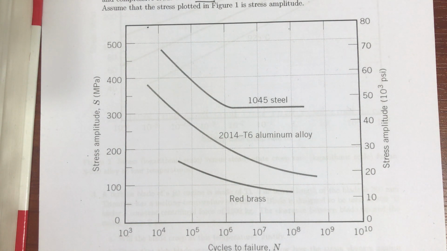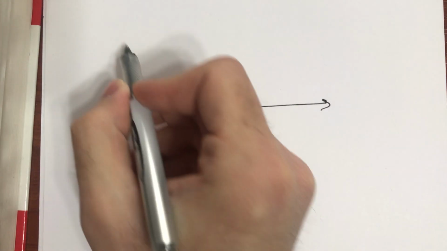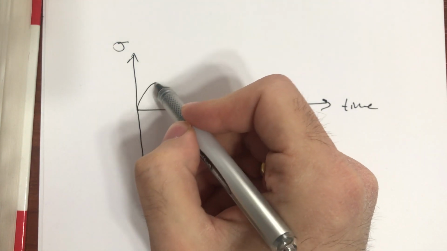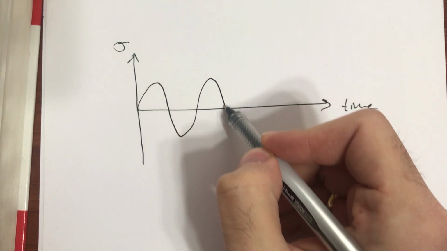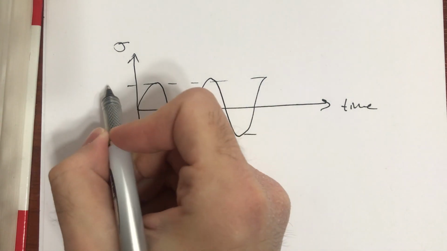Now in fatigue, the stresses that we have, if we plot stress versus time, are cyclic. These can be compressive and tensile stresses.